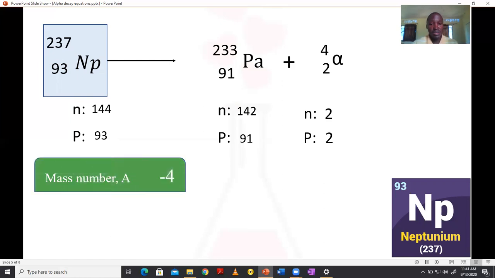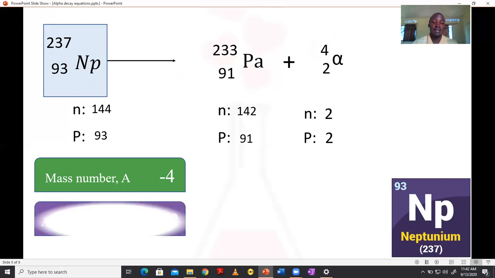So in simple terms, whenever an element undergoes alpha decay, for example, Neptunium in this equation, we shall realize that the mass number reduces by 4. That's why we are saying mass number will reduce by 4, that is, -4.